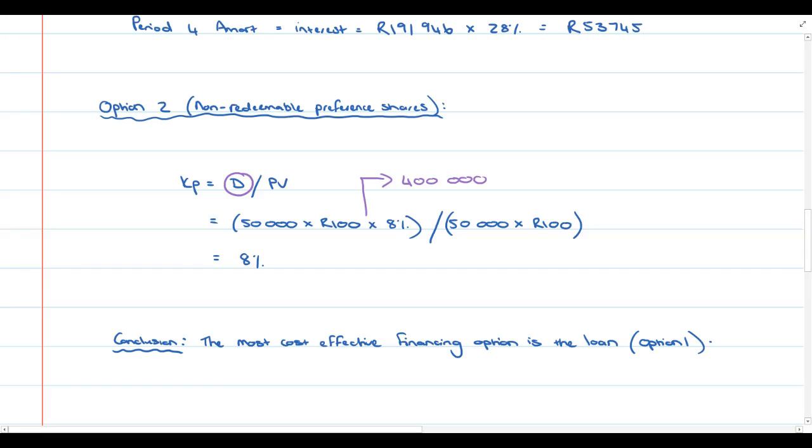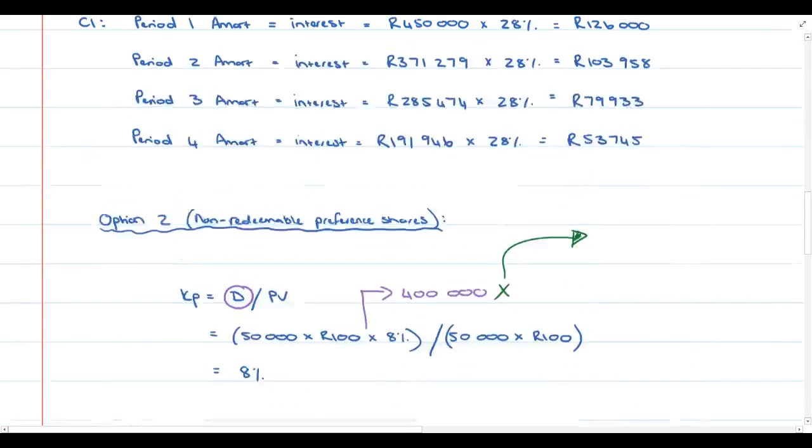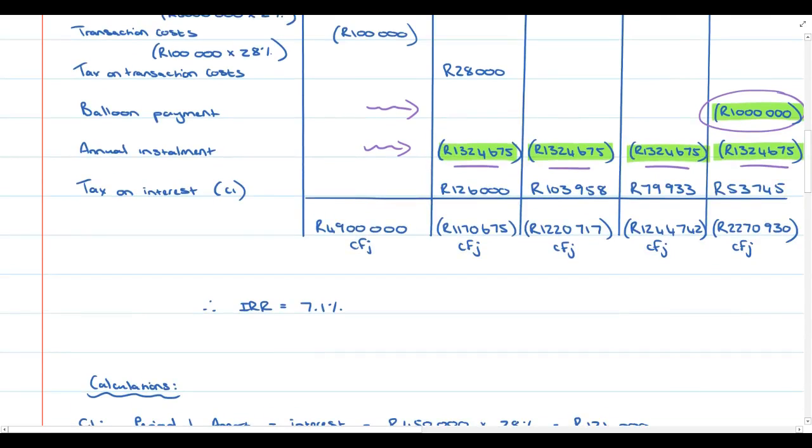However, worst case scenario, if they don't have enough money, remember they don't have to pay this dividend. It will just accumulate and it will be caught up in future years, but it must be caught up before ordinary dividends are paid. However, with the loan, we know they don't have a choice. With the loan, they must meet these annual commitments and they must pay that balloon payment at the end of year 4. So with the loan, they really need to be careful and make sure that they have enough cash inflows to cover these cash outflows.